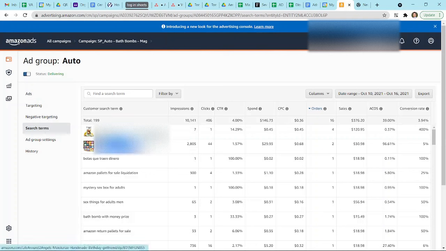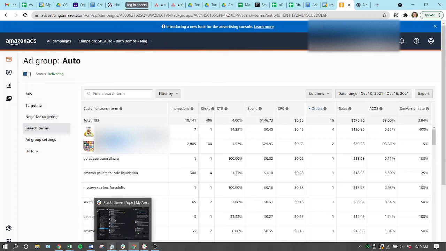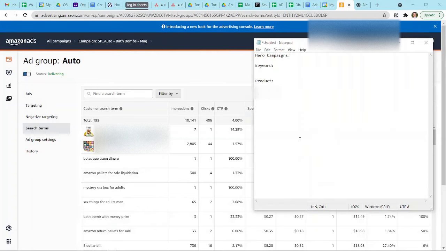I don't know that I'd call that a hero. I might call that a possible target. So whether or not I stand that up in an individual campaign is going to basically depend on how aggressive I want to be with my spend and how well I'm doing with my current targets and how well that matches up with the client expectations, right? So is the client happy with the growth?